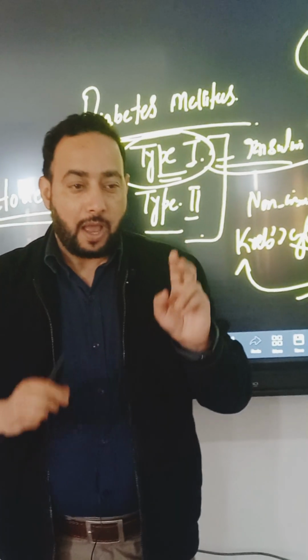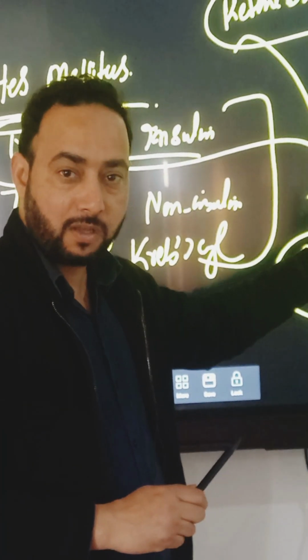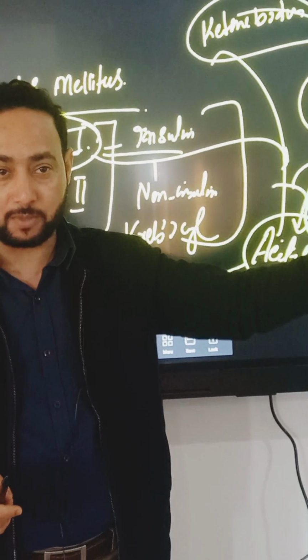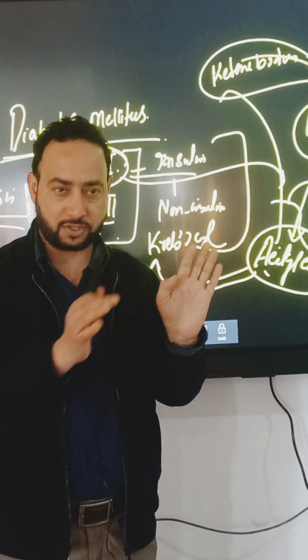Among the three ketone bodies, only two are utilized by the human body: beta hydroxybutyrate and acetoacetate. Acetone is not utilized by our body. These ketone bodies are high energy compounds. They are water soluble. Once they are formed in the liver, they are transported via the bloodstream to the peripheral tissues wherever the energy is needed.